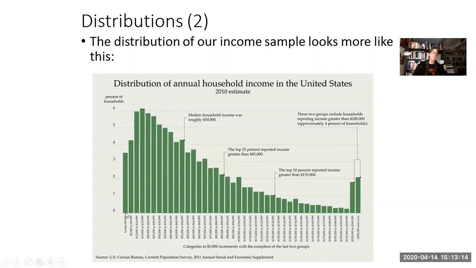All households with an income of 5,000 or less are this first bar. The second bar is 5,000 to 9,999 and so forth. At this time in 2010, the median household income was roughly $50,000. The average was a bit higher. The top 25% of households earned 85,000 or more.